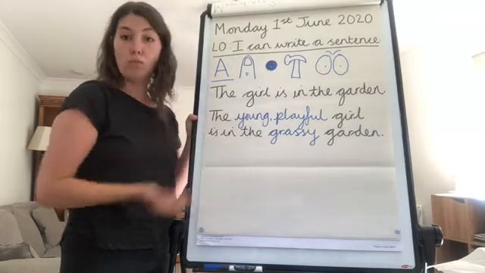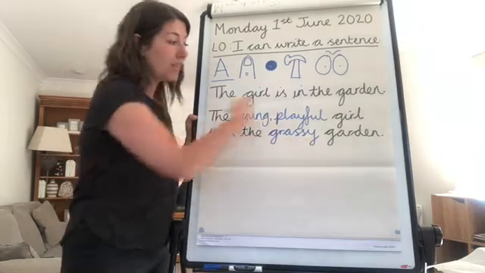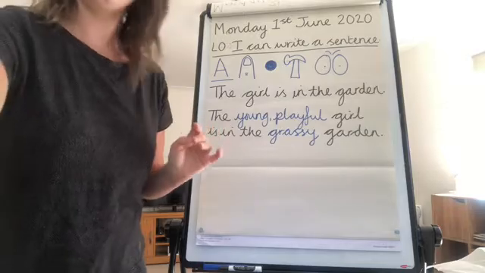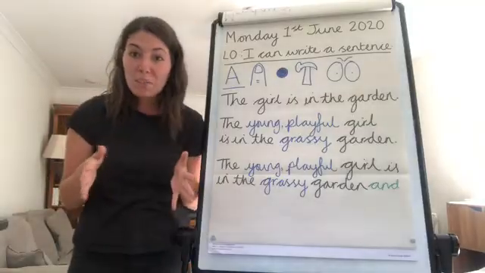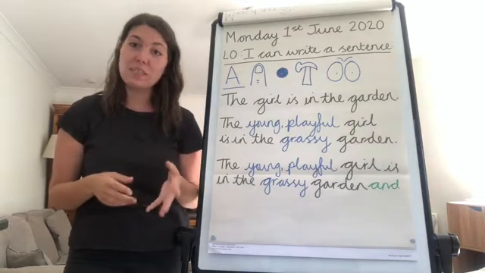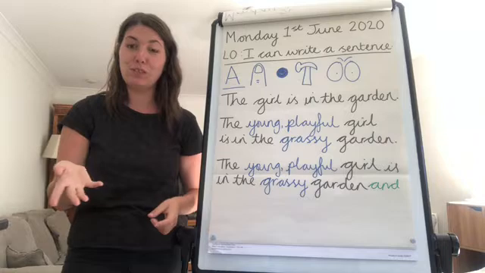Then you could roll the die again to improve your second sentence even further. So this time I've rolled the word and. Now I wonder if you could up-level my sentence using the and conjunction that I've just rolled.